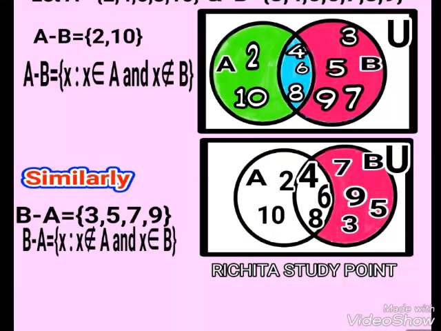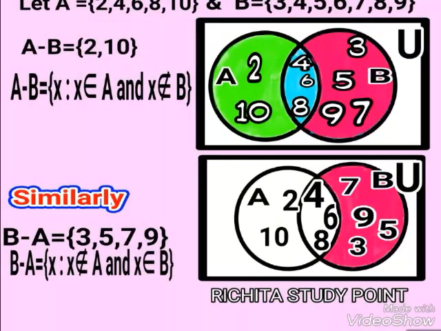Similarly, suppose we have to calculate B minus A, then subtract the common elements of A and B from the set B to find B minus A. We have subtracted the common elements 4, 6 and 8 from the set B to find B minus A, and in the Venn diagram the red portion of the set B represents the set B minus A. Sorry, this is not symmetric difference.